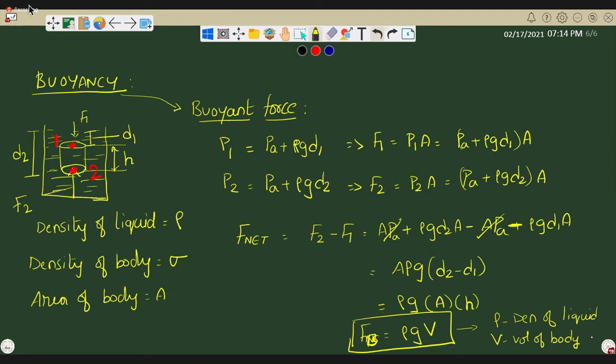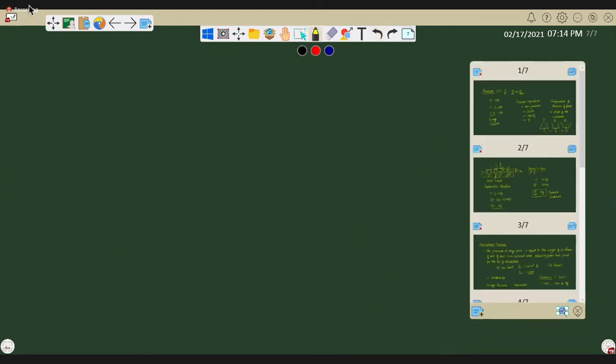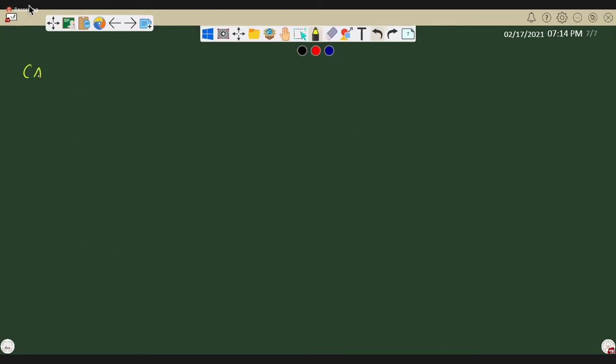Done? Now, case 1. If your force due to gravity, which is also called weight, is greater than your buoyant force, the body will sink.